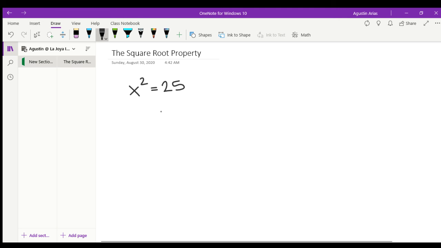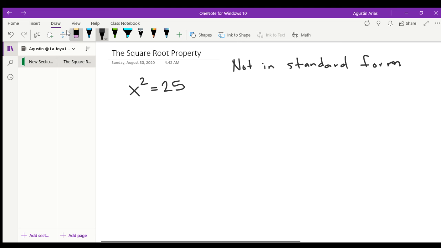So in this case, there is no b, and you don't need to be in standard form. No, we do not need to make it equal to 0.